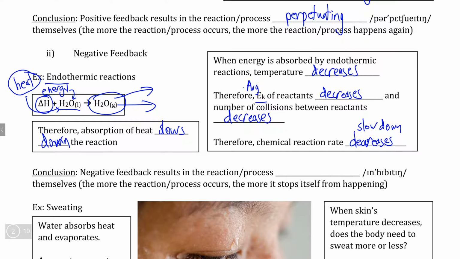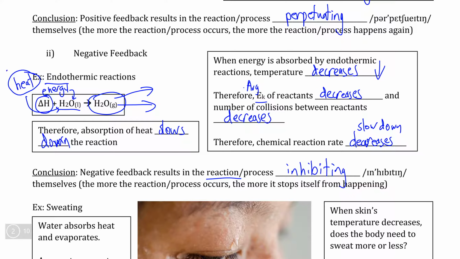So negative feedback is much more subtle to see, but becomes obvious when we look at it in a certain way. The more an endothermic reaction happens, the more temperature decreases, which means the more likely the reaction is going to slow down itself. So we can conclude that negative feedback occurs when the process or reaction that's regulated by negative feedback naturally inhibits itself.